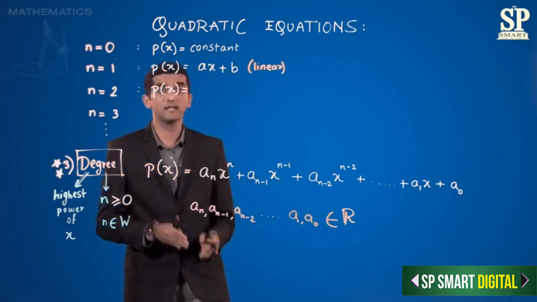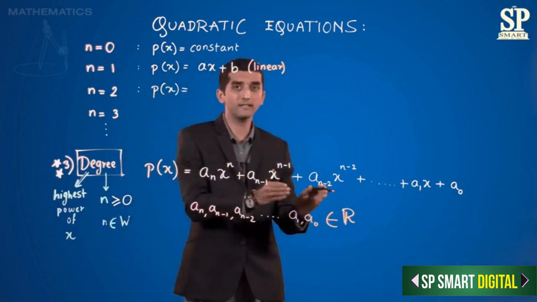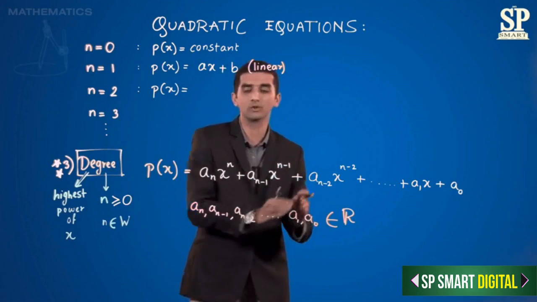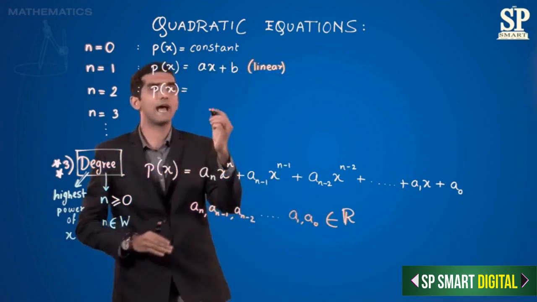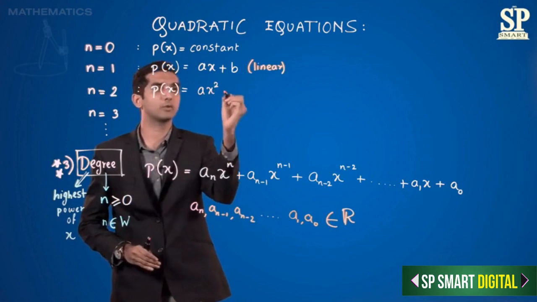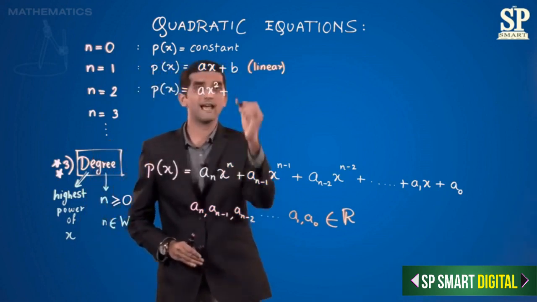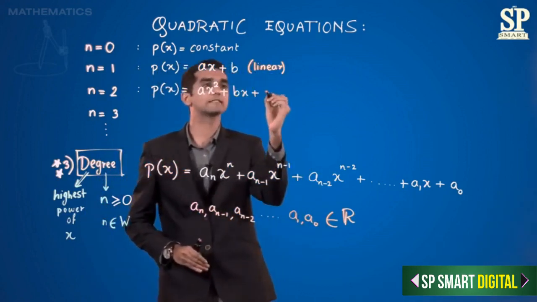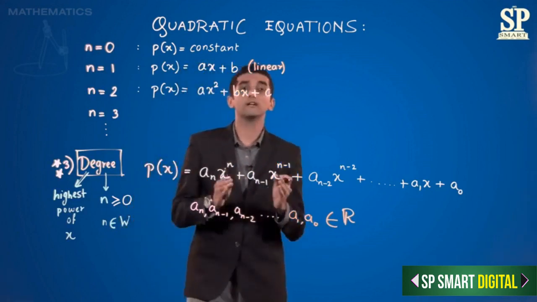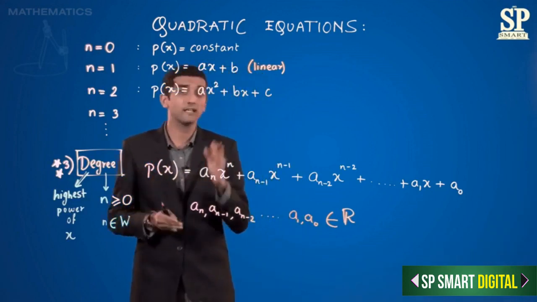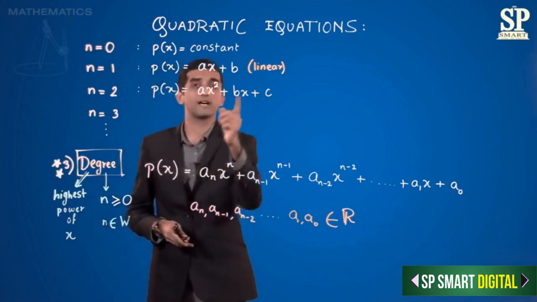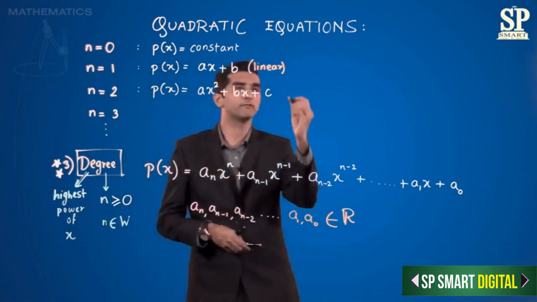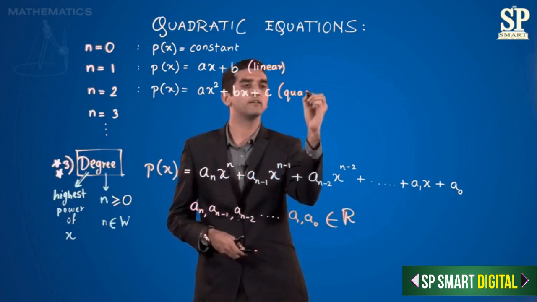As you can understand, when n is equal to 2, there are three terms. So now we will write a2 as a, so this becomes ax square. Then we will write a1 as b, so this becomes bx, and lastly we will write a0 as c. So this becomes a quadratic polynomial, and as I said, the whole agenda of the chapter revolves around this polynomial of degree 2. So we will call this a quadratic polynomial.